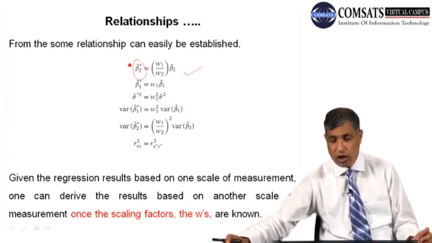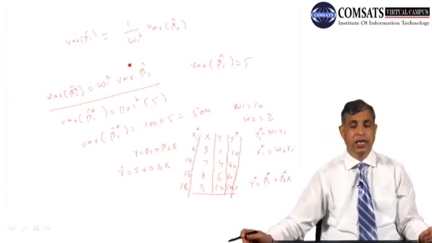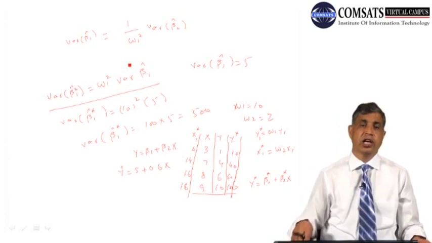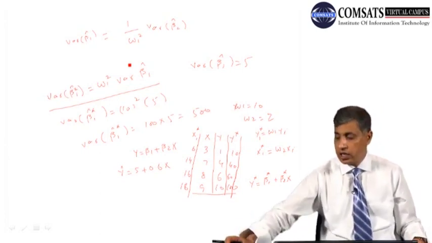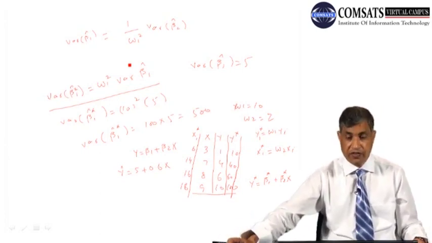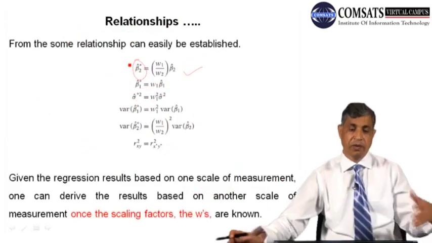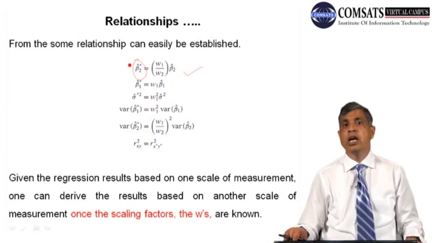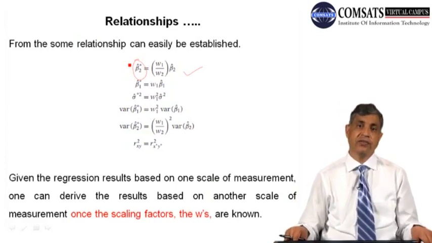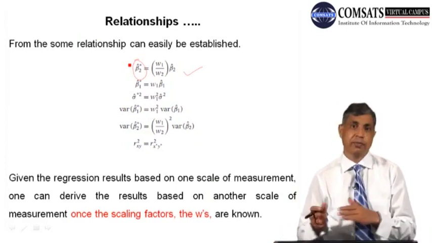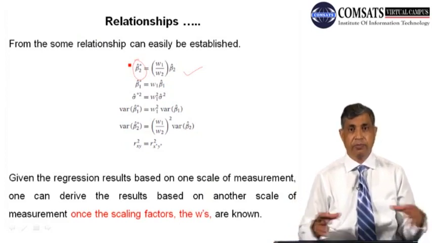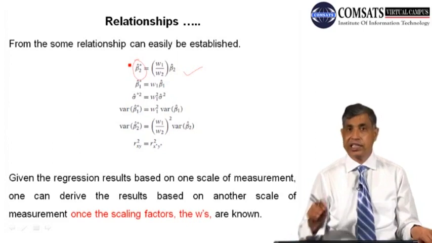I need not do this whole exercise of generating a new variable and then regressing it. This will eat up most of our time. So you should remember the formulas, because if you are given any of the values, beta 2 star or beta 1 star, then you will be able to capture or calculate the values, and it is very simple.